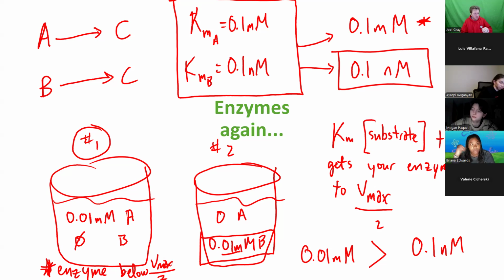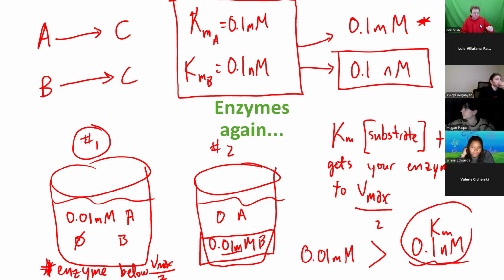So if this 0.1 nanomolar is our Km, then are we above our Km? For this one, yeah.